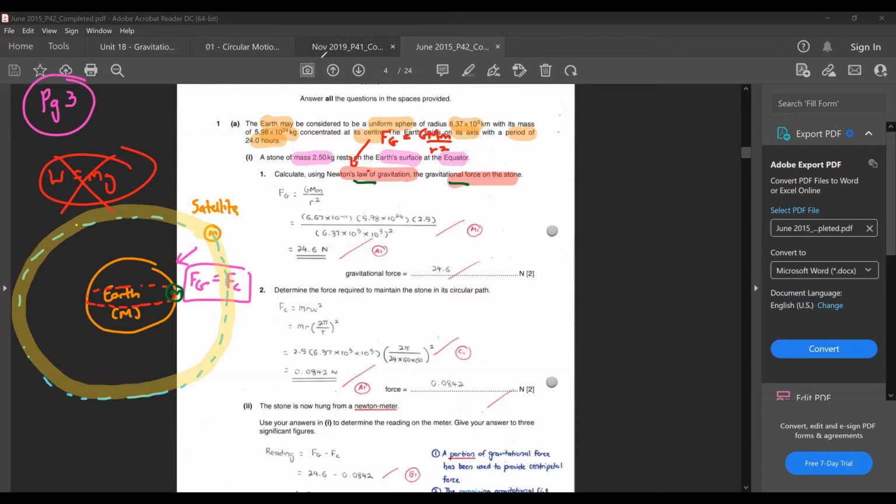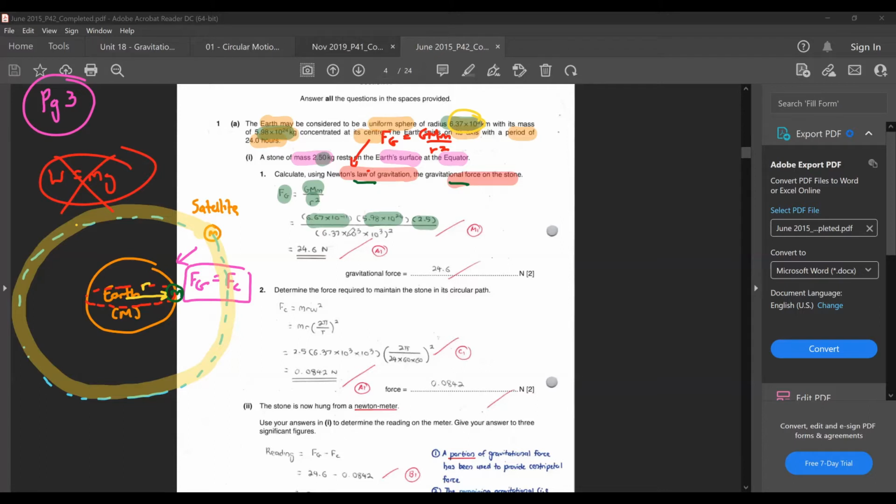So same thing, it's a simple exercise in subbing in your values. GMm over r squared is 6.67 times 10 power minus 11 times mass of the Earth, which is 5.9 times 10 power 24, and then the mass of your stone, which is 2.5. And then divide by the separation between the masses, the Earth and the stone, which is this R here, the radius of the Earth itself.